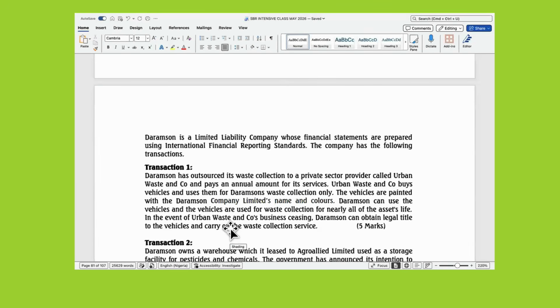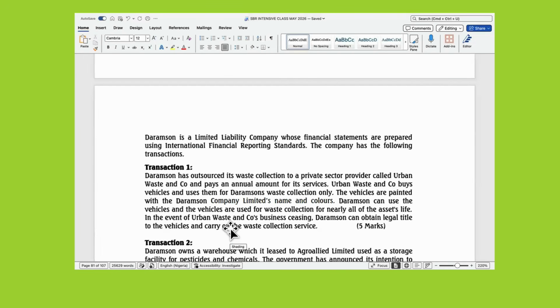these vehicles in his books, and he will recognize a right of use asset, because now he's the lessee. He will recognize a right of use asset, and he will also recognize a lease liability.